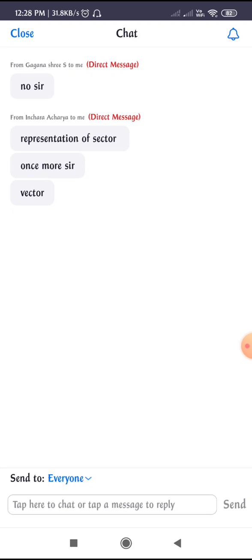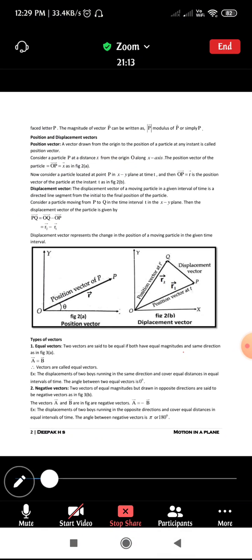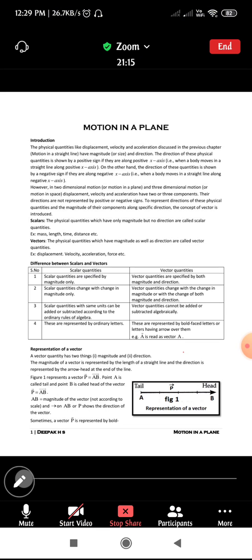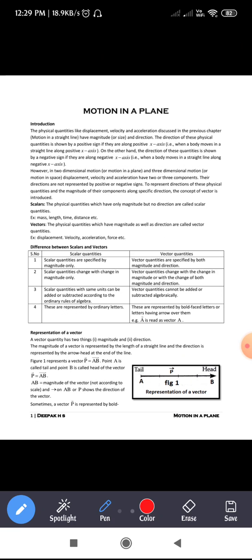Okay, Inchara, what doubt do you have? Representation of a vector. What is there to represent? It is simply represented by vector P. In the figure you can see vector P denotes the vector, that is nothing but AB. A vector is always represented by magnitude and direction.